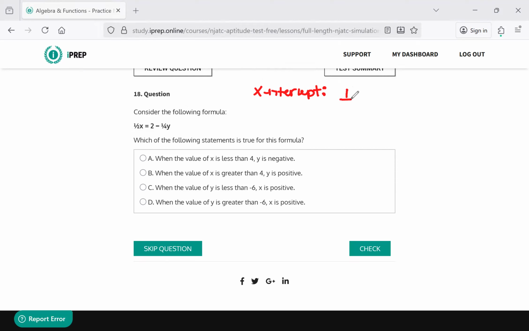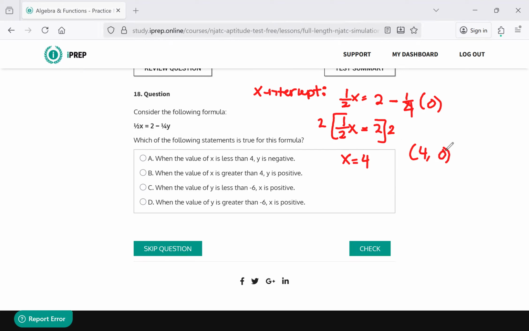So you have 1/2 x equals 2 minus 1/4 and replace y with 0. So this is going to be 1/2 x equals 2. And then when you multiply by 2 to get rid of the 1/2, you get x equals 4. So my x-intercept is at 4 comma 0.